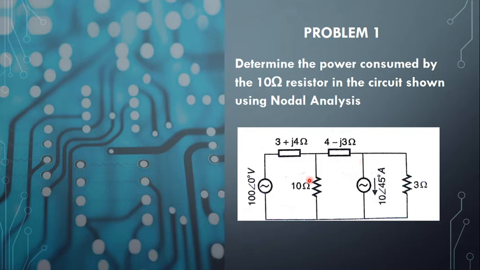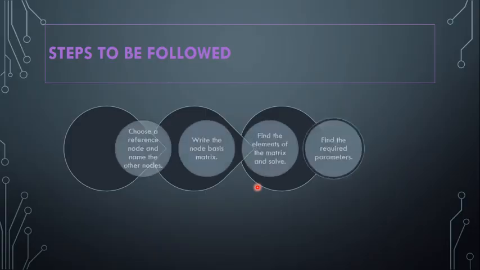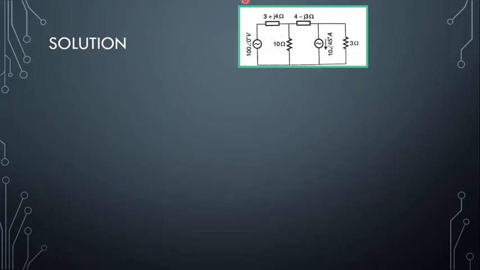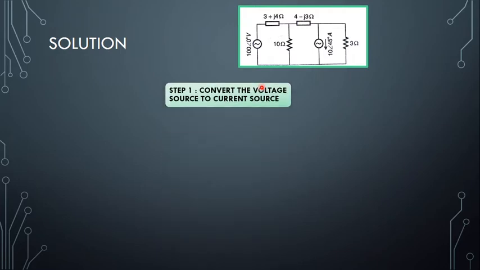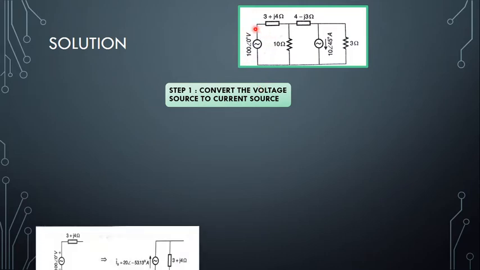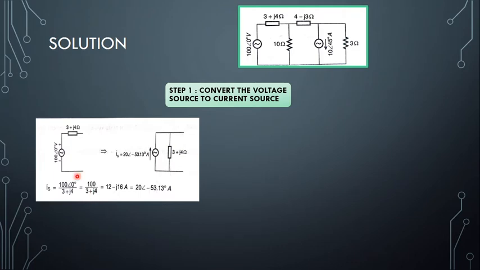So my first step is to convert this voltage source into a current source, so that the circuit contains only current sources. I've kept the circuit here for reference. In step 1, we convert this voltage source into a current source.